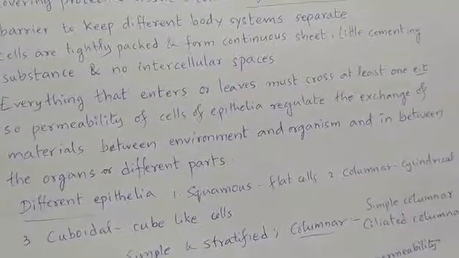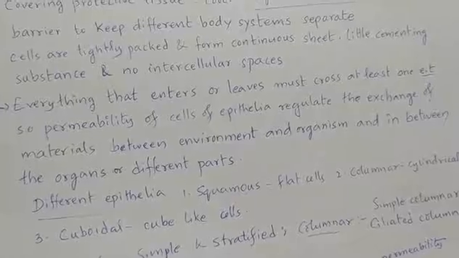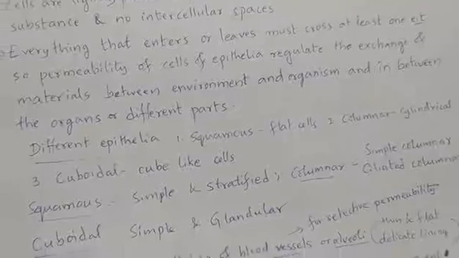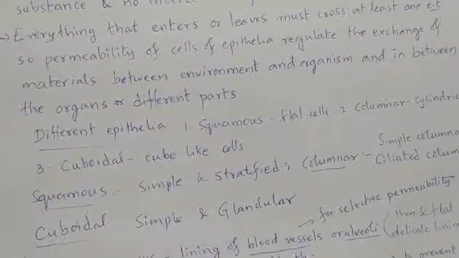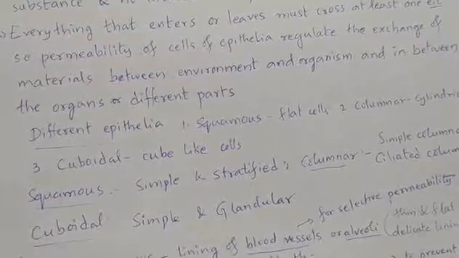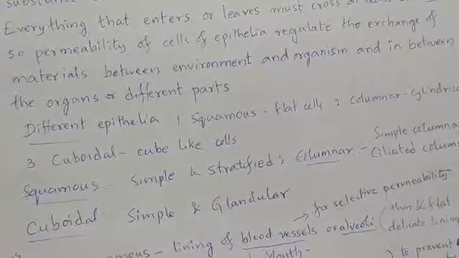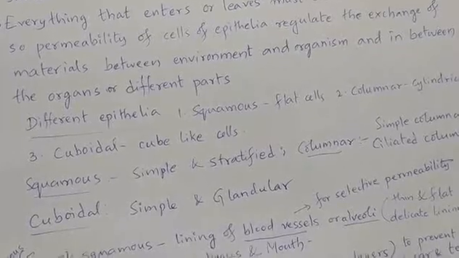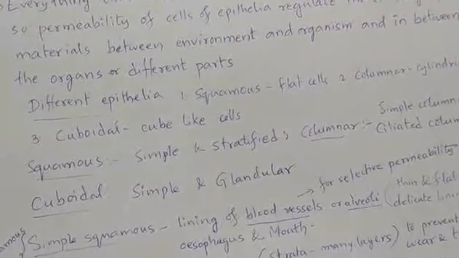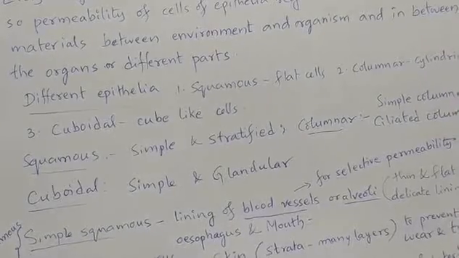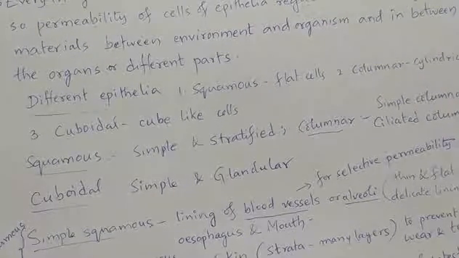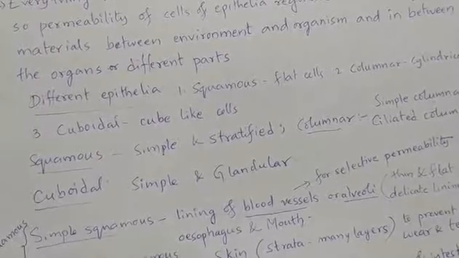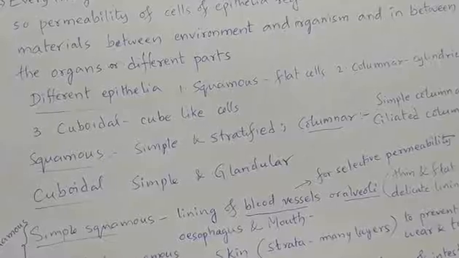So, in order to allow the movement of substance across the cells of epithelial tissue, permeability of cells of epithelial tissue, it regulates the exchange of materials between the environment and organism, and in between the organs or in between different parts of the body.